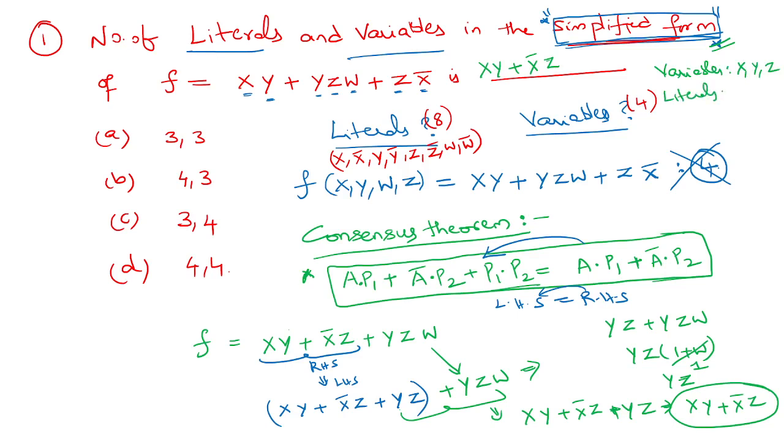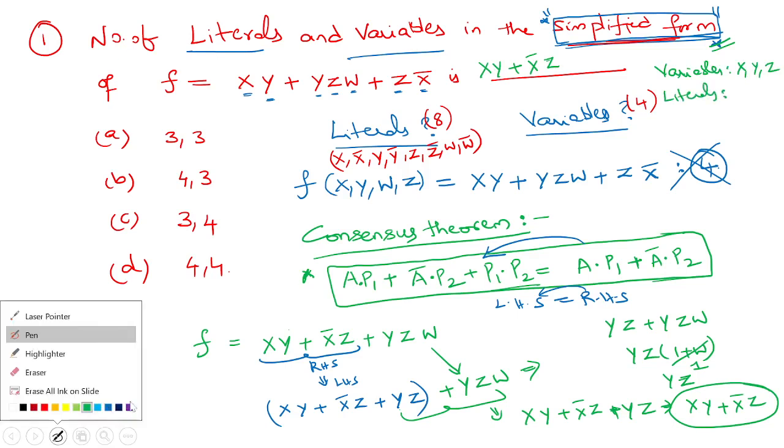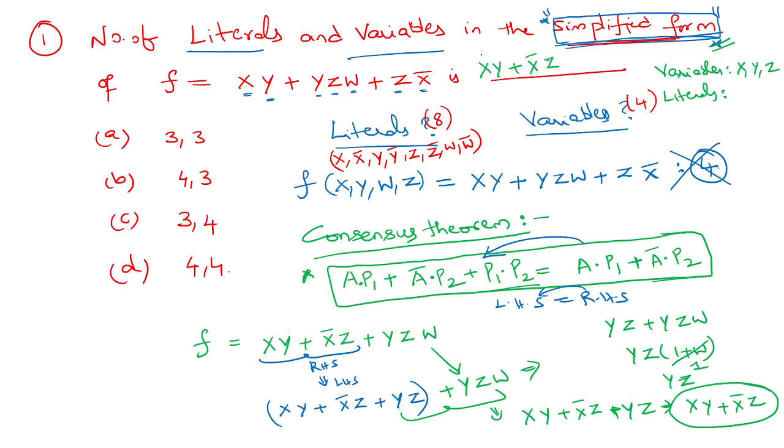Literals: x is a literal, x bar is a literal, y is a literal, z is a literal. If you count, you have three variables and four literals. The question asks literals and variables, in reverse order. Literals four, variables three. 4 comma 3. So option B is the right answer.